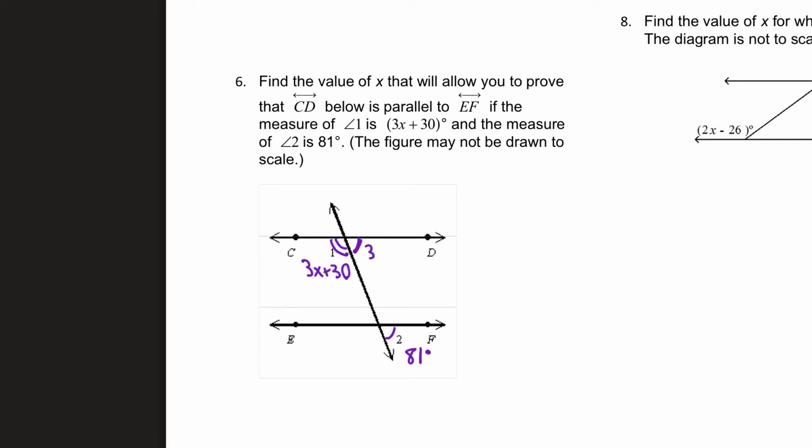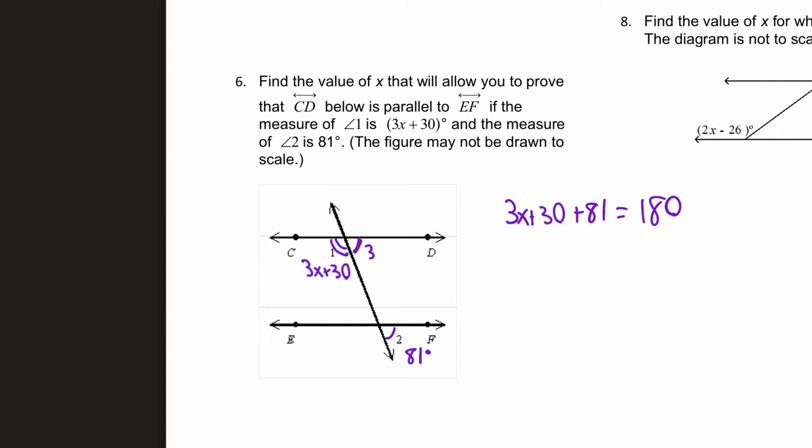If 2 and 3 are congruent and 1 and 3 are supplementary, that means 1 and 2 are supplementary. That's a transitive property. So I know that 3x plus 30 plus 81 equals 180. Excellent.